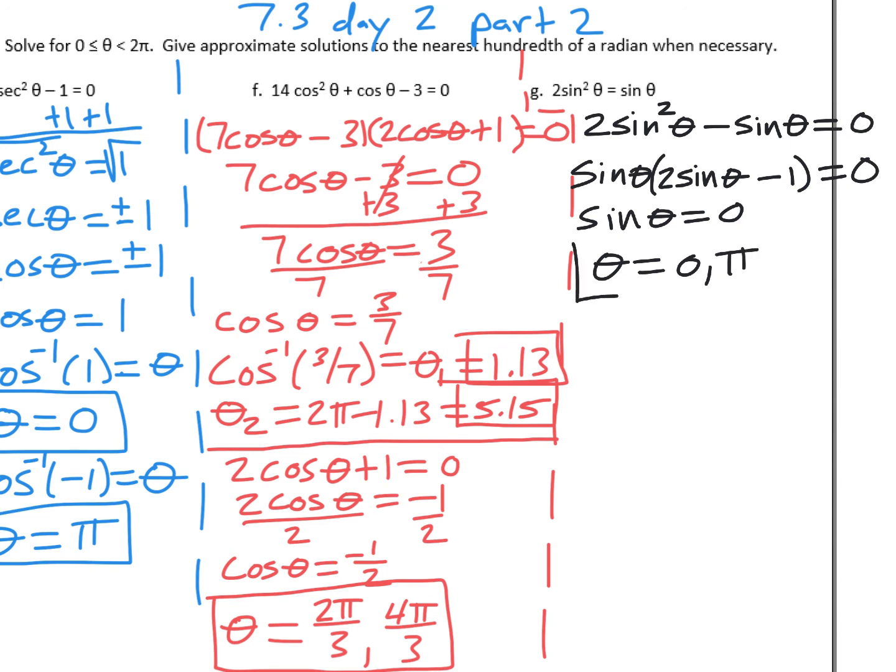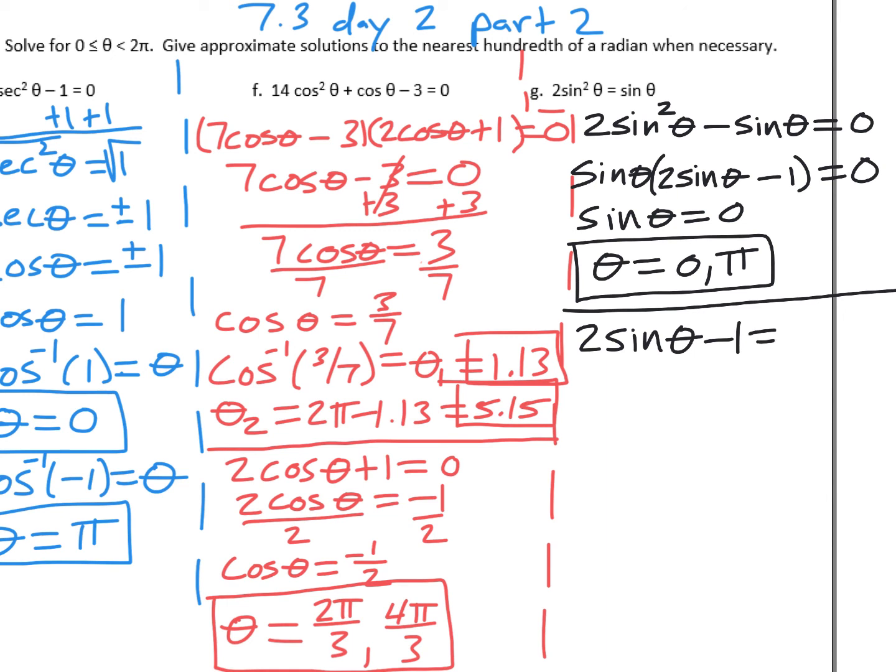That's a unit circle problem. 0 and pi would be the two places I'll get that. Then I get a sine value of 0. And just like that, I can move on to my second factor. 2 sine theta minus 1 equals 0.